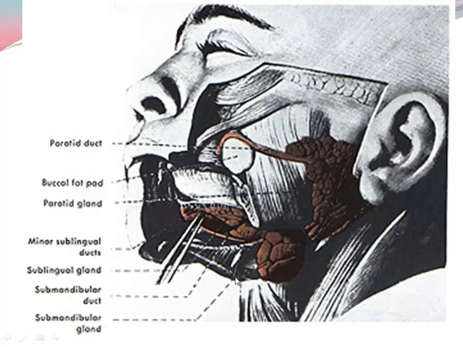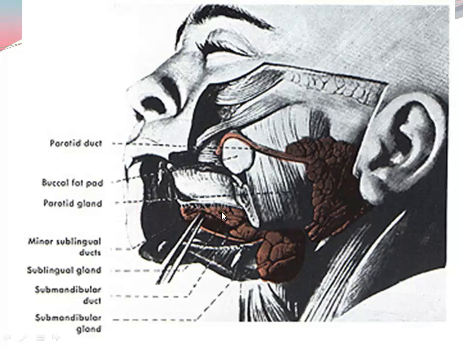Above the major jaw bone, this brown structure represents the submandibular gland, and its duct opening, the submandibular duct, releases secretions below the tongue. Located just below the tongue are the sublingual glands, which have their ducts to pour their secretions, minor and major sublingual glands.